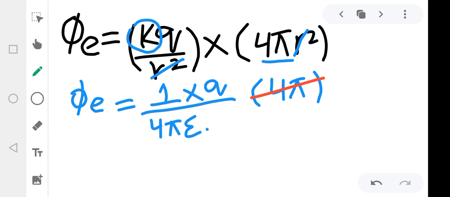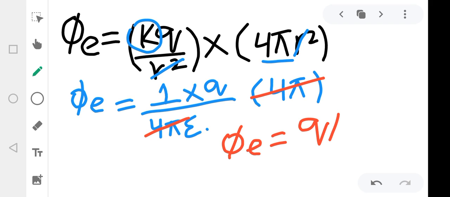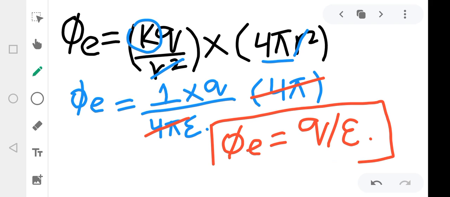This 4 pi will cancel with this 4 pi, and we are left with electric flux equal to nothing but the charge enclosed by that body over epsilon naught. And epsilon naught is also a constant value, equal to 8.85 times 10 raised to the power minus 12. It is the permittivity constant of free space.